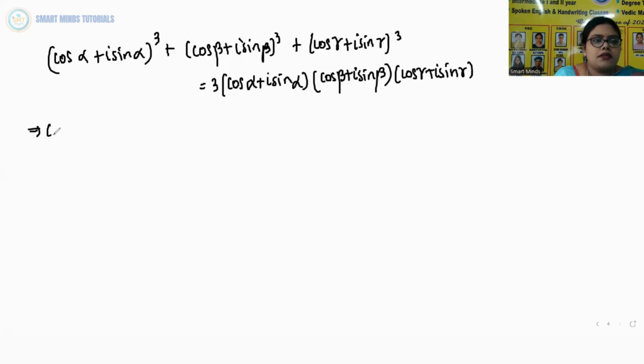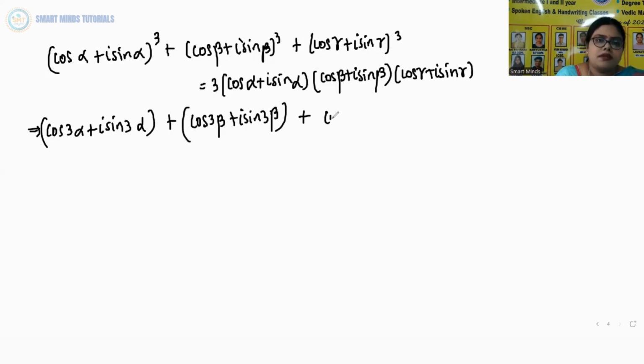So that is cos 3 alpha plus i sin 3 alpha, plus cos 3 beta plus i sin 3 beta, plus cos 3 gamma plus i sin 3 gamma, is equal to 3 into, see, we know that cos theta plus i sin theta can be written as cis theta.